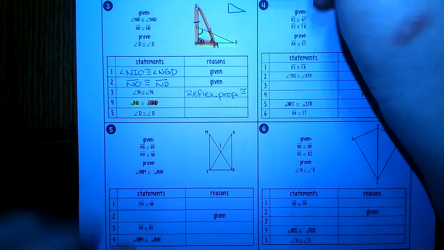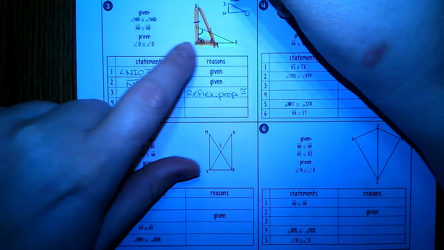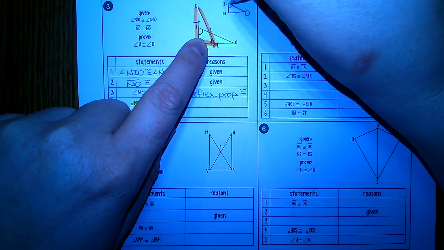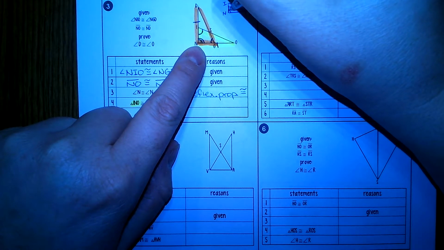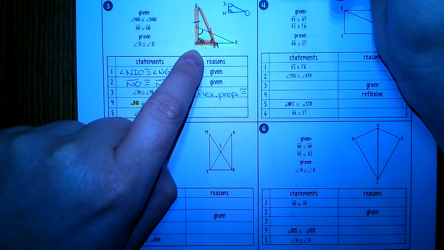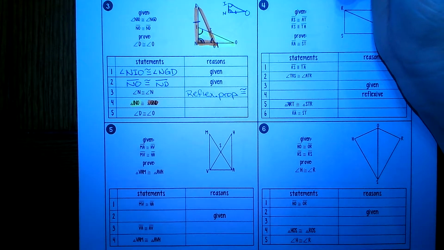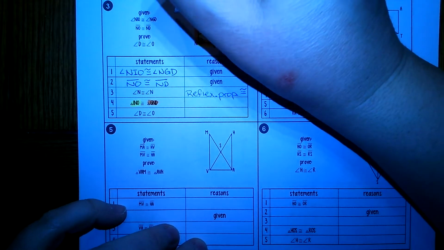The things we have marked in INO is angle I has a marking for one congruence. Angle N has a marking for a second congruence. And then side NO has a third marking for a congruent side. We can also redraw the orange triangle off to the side.